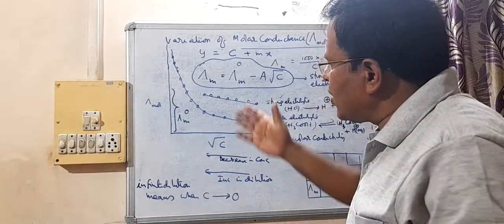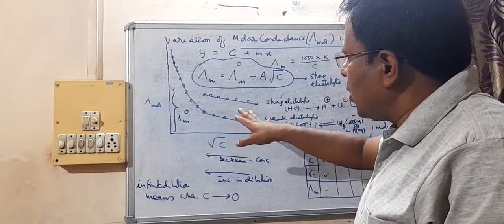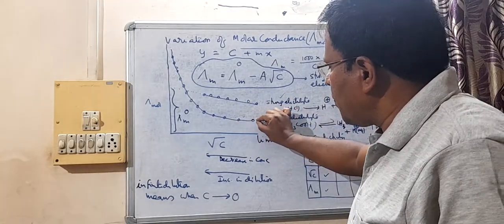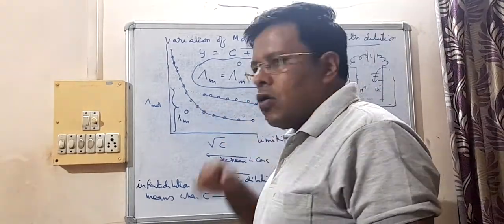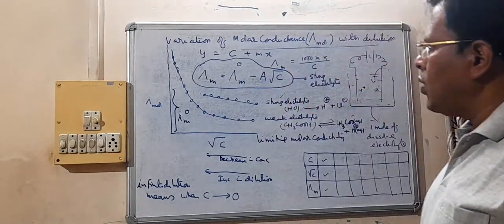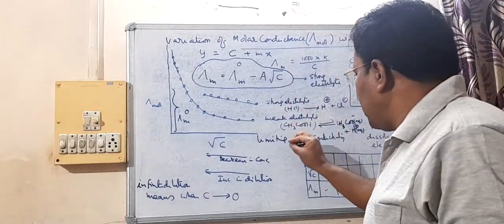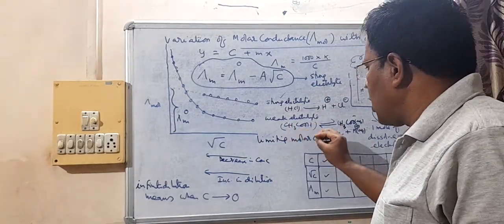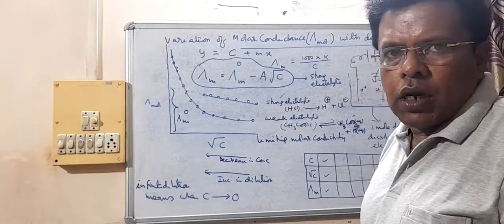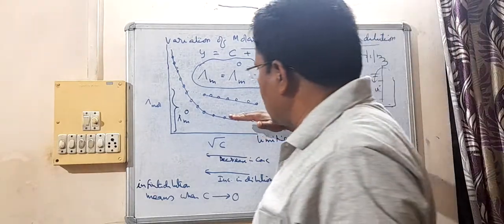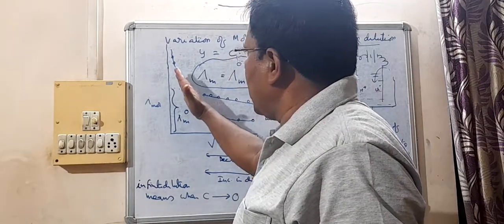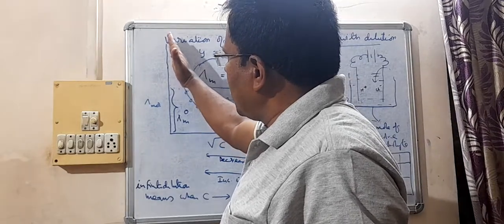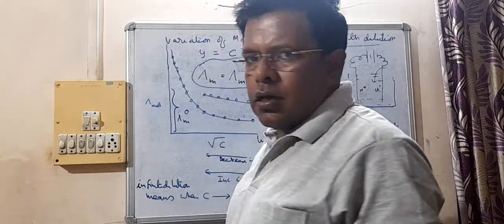So you can see from this graph that in case of weak electrolyte, we are not able to get limiting molar conductivity, because the curve for weak electrolyte is going up and up, but it is never going to touch the y-axis.